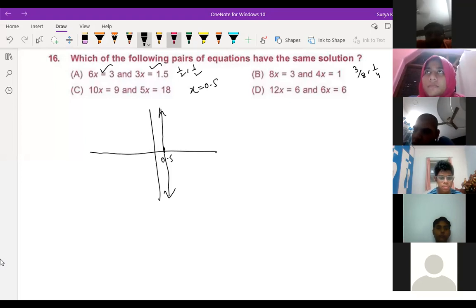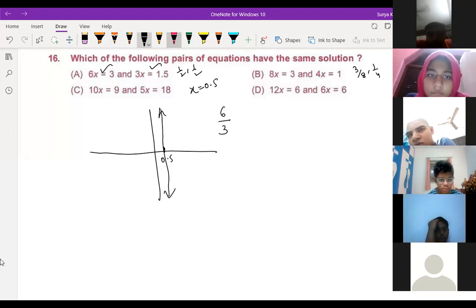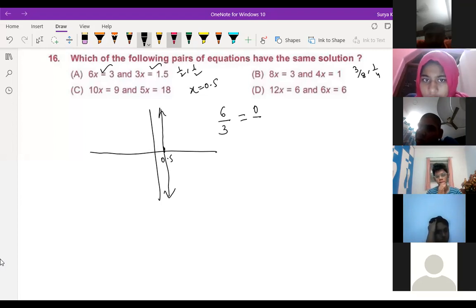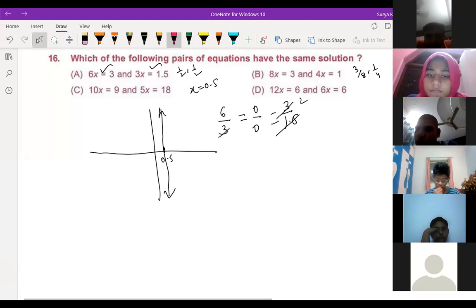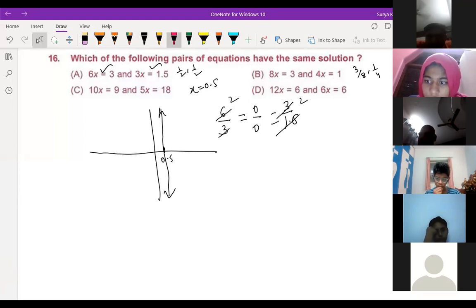One more thing you can do here. The y part is not given in the question. So a1 is 6, a2 is 3, correct, children? Again, y is not given, so 0 by 0. And the constants given are 3 and 1.5, so this is coming 2. So here also 2.